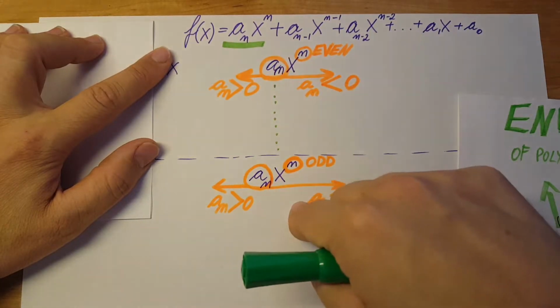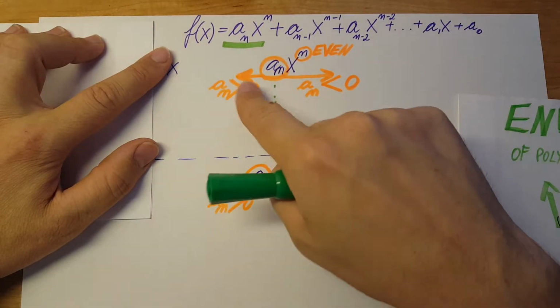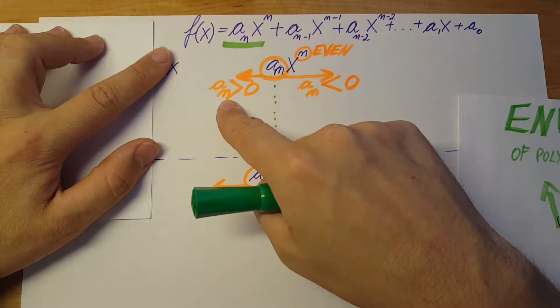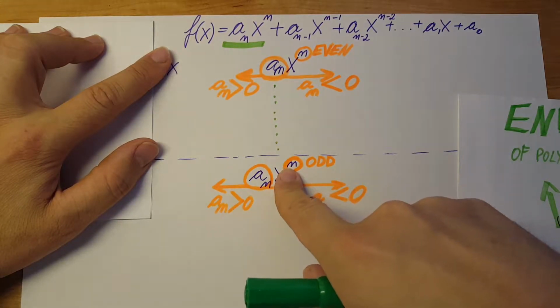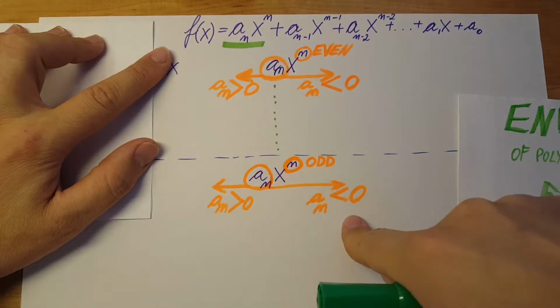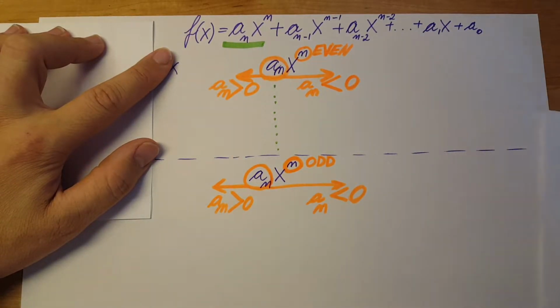Each of these scenarios will have 2 subsections, where the coefficient is bigger than 0 and smaller than 0. I'm going to draw up some examples so we can see what we're talking about.